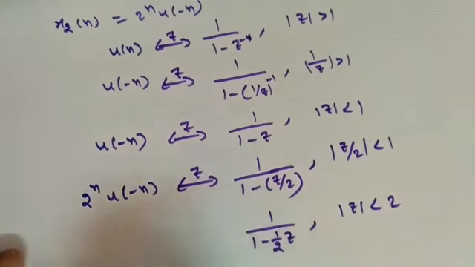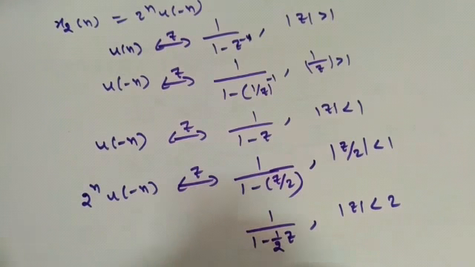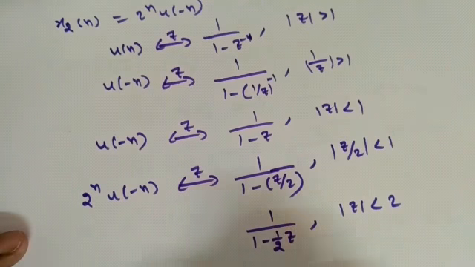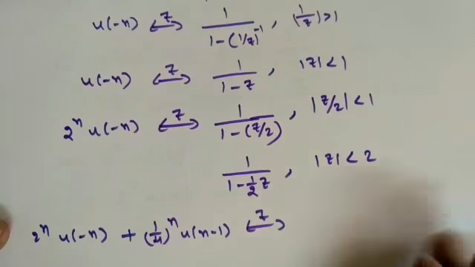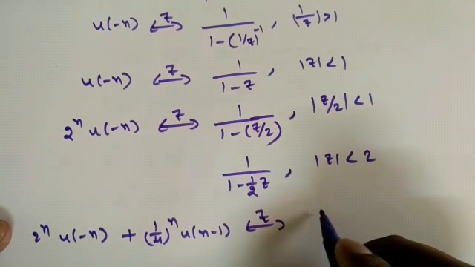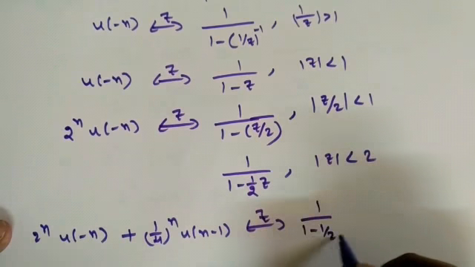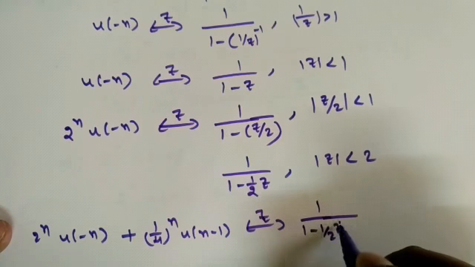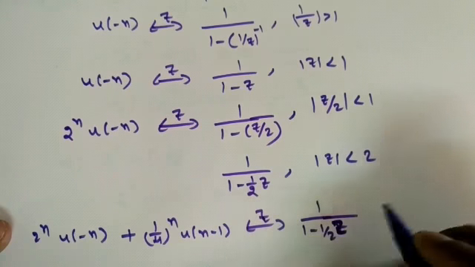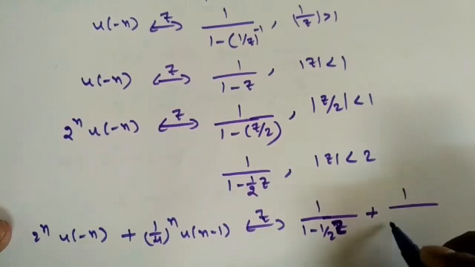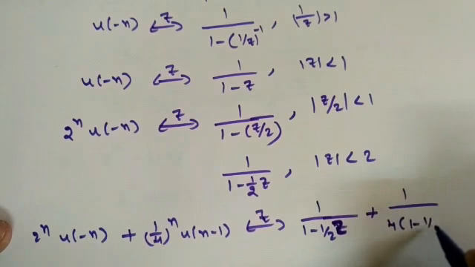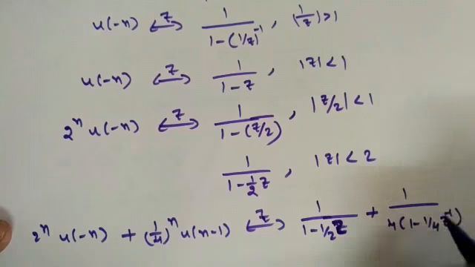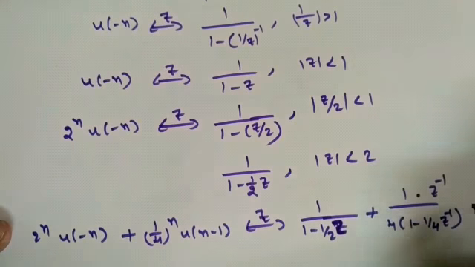Now if we add these two, that is 2 power n u of minus n plus 1 by 4 n u of n minus 1, what is the z transform of these signals? One is 1 by 1 minus 1 by 2 z, z is z only, plus 1 by 4 into 1 minus 1 by 4 z inverse into z inverse.